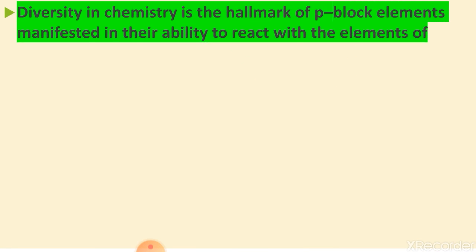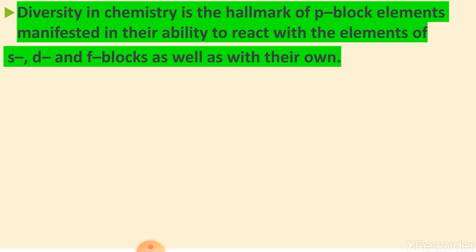So now dear students, as you know that diversity in chemistry is the hallmark of P block elements, manifested in their ability to react with the elements of S block, D block and F block elements as well as with their own elements.